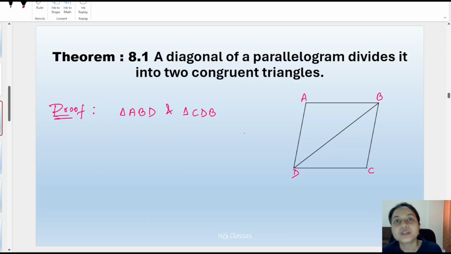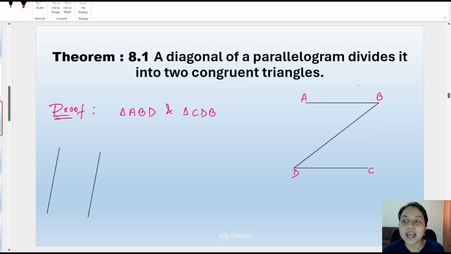Now we know that in a parallelogram, side AB is parallel to side CD and side AD is parallel to side BC. So let's focus on parallel side AB and CD. Let's remove the other side for a while. From here we can see that angle ABD is equals to angle CDB, as both are pair of alternate interior angles.